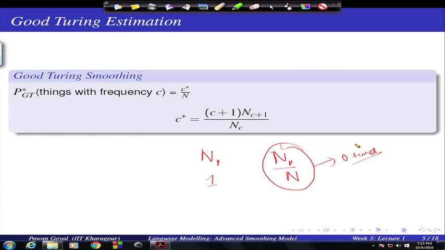Yes. Now you might have a question: how much of this will each of them individually get? This is the probability mass that the n-grams that did not occur in the corpus together will get. But how much will each of them individually get? We can just divide it by the number of n-grams that did not occur in the corpus. We will see in some simple example how we can estimate this value.